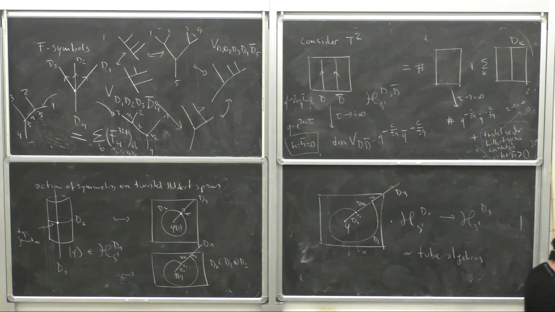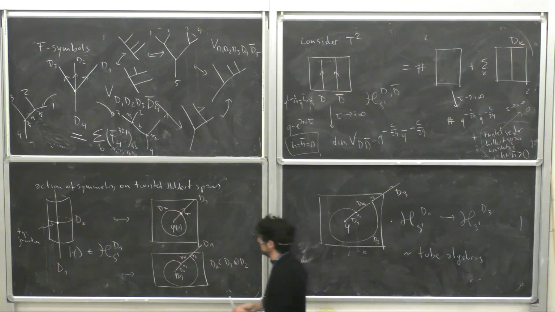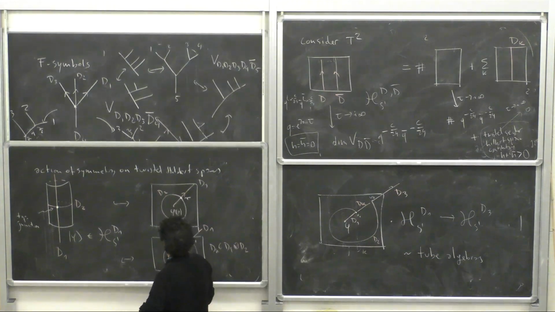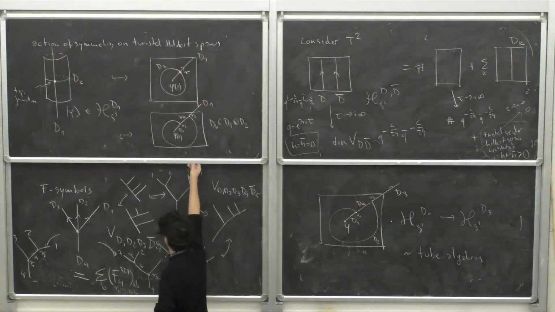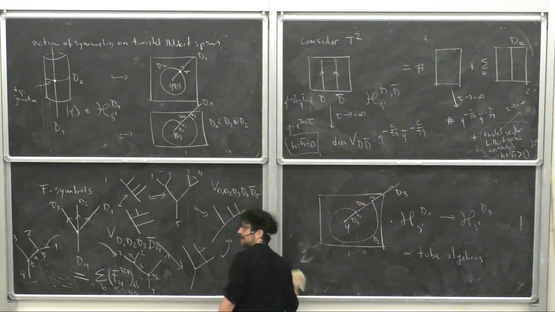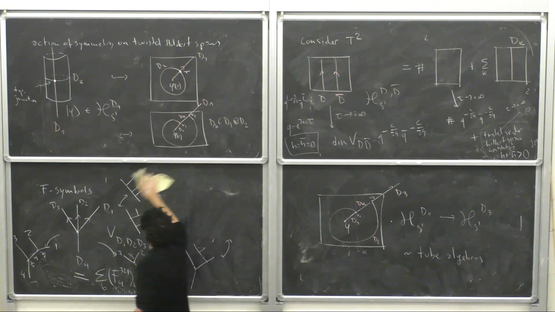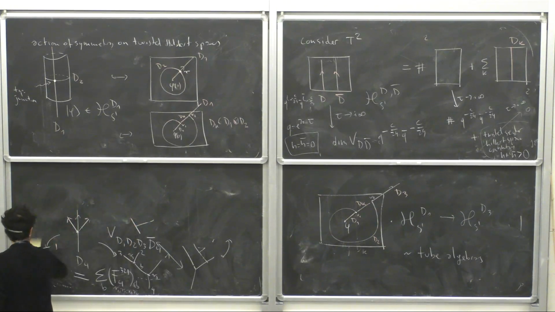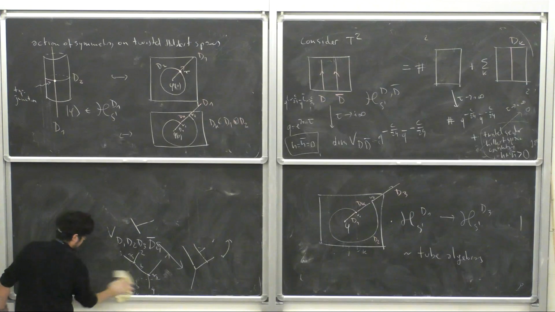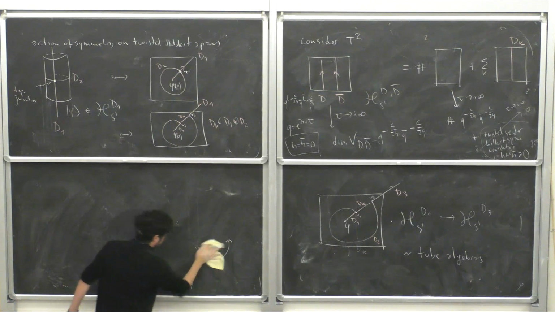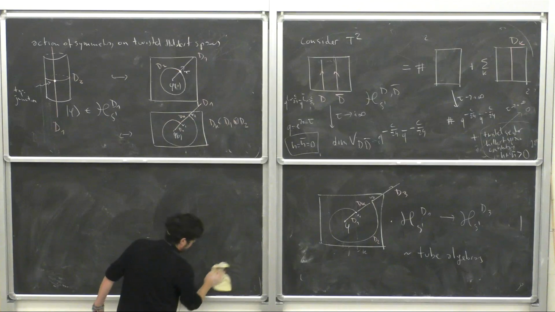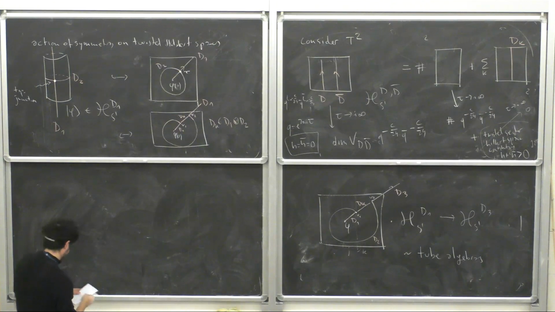Now, what is the tool that we are going to use to constrain the structure of these twisted Hilbert spaces? It is again the deep interplay with locality and modularity, as we did previously today for the case of the untwisted Hilbert space.